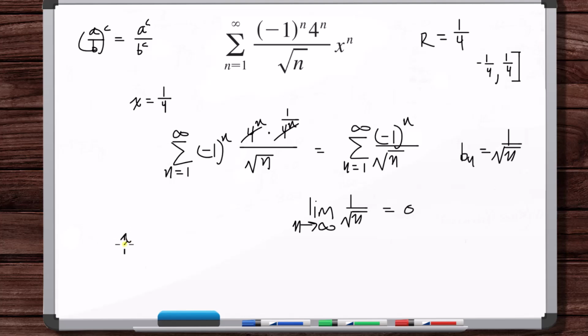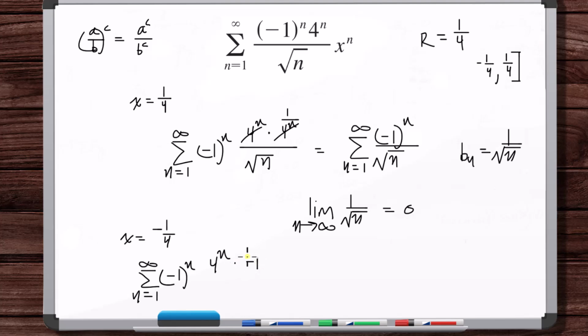Okay, what about when x is equal to minus 1/4? So here we've got 4 to the n, and then minus 1/4 to the n.